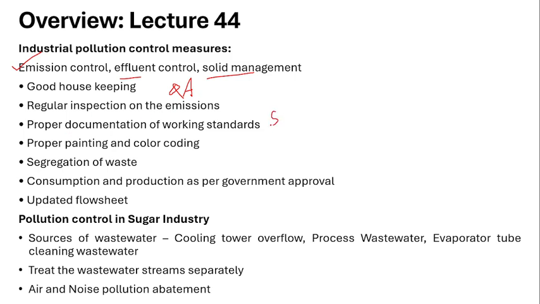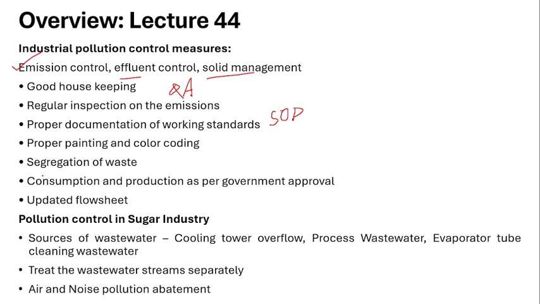Whatever method is followed in the industry, there should be an SOP, a standard operating procedure, and all the procedures should be given to the personnel working, and everyday work should also be documented. And then proper painting and color coding, so which is the dangerous and which is the non-dangerous place, and what hazardous chemicals are used during the operation. So everything should be coded.